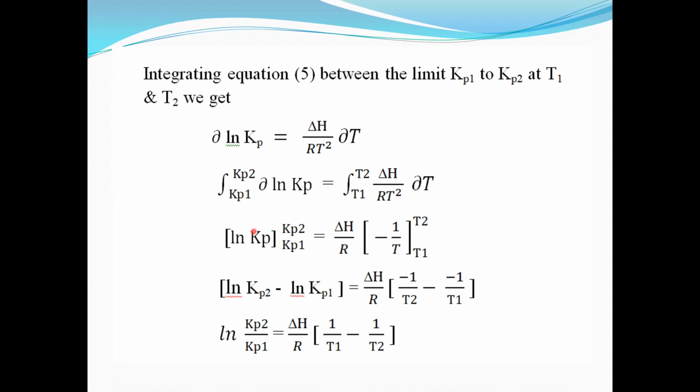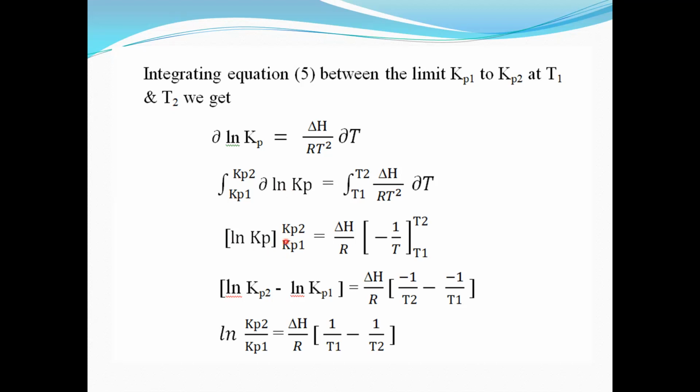What remains? Only ln Kp remains, with limits Kp1 to Kp2. Kp means the equilibrium constant in terms of partial pressure.